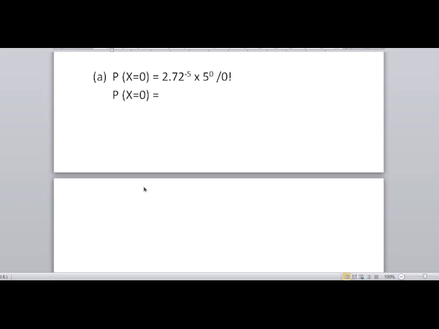Yes. Okay, that is if you have used the full value of E, isn't it? Without rounding off, right? Yes, sir, the full value.